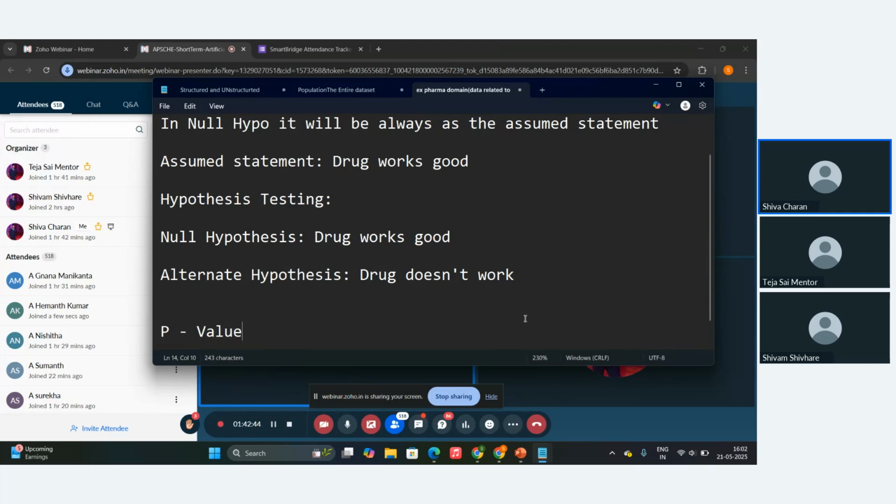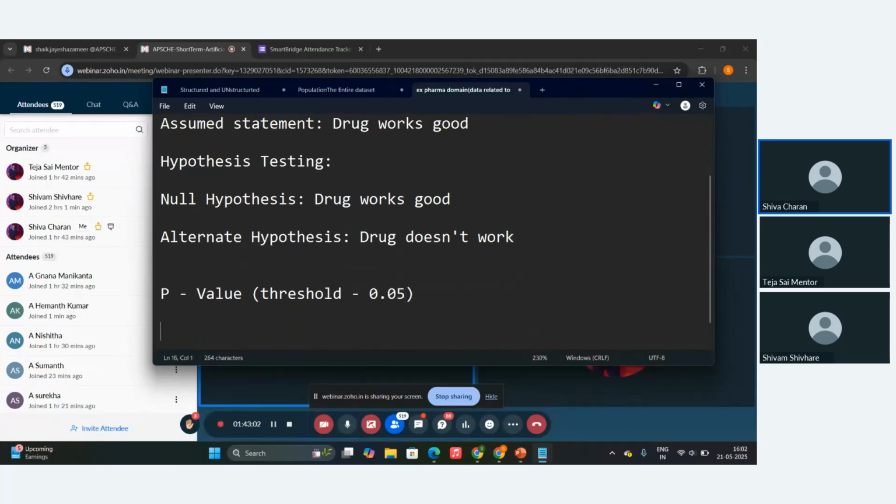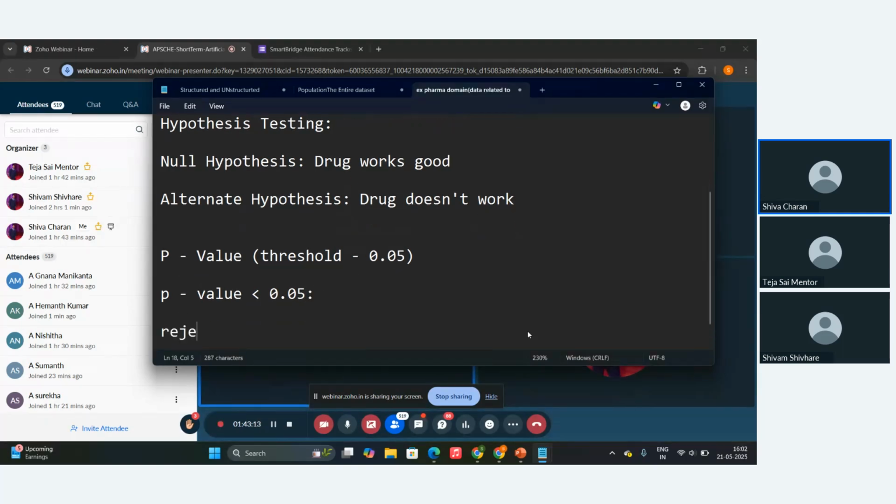The p-value will have a threshold of 0.05. If the p-value is less than 0.05, then we need to immediately reject the assumed statement, that means reject the null hypothesis.